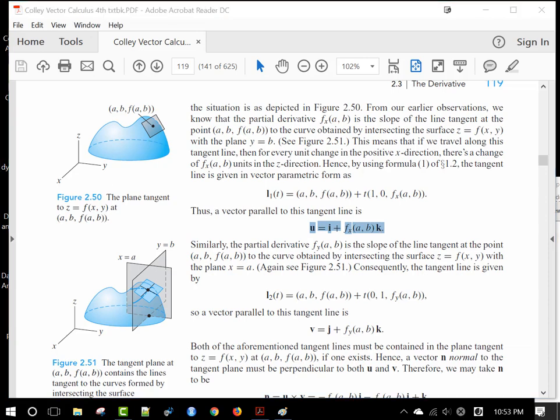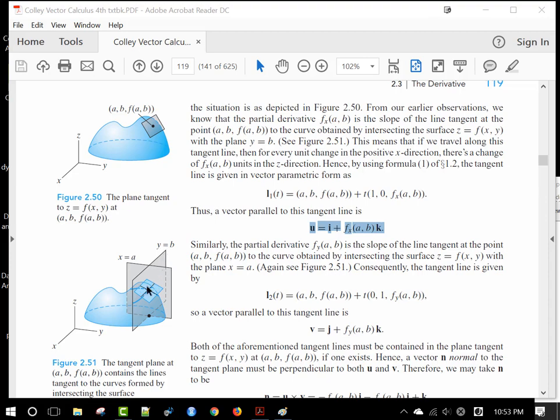And then we can do exactly the same thing, but using this plane instead of this plane. So remember, what are we trying to do here? We're trying to get the equation for this plane here, and it goes step by step. What we found so far is a vector which is parallel to the tangent line in this direction, in the y equals b plane.